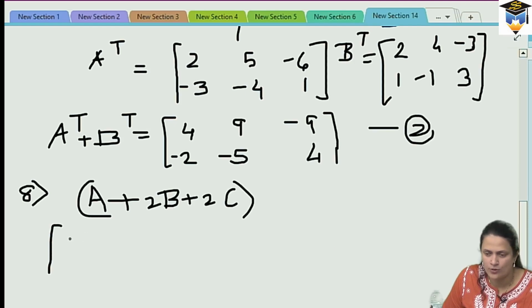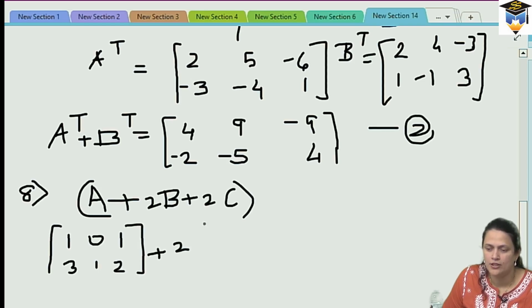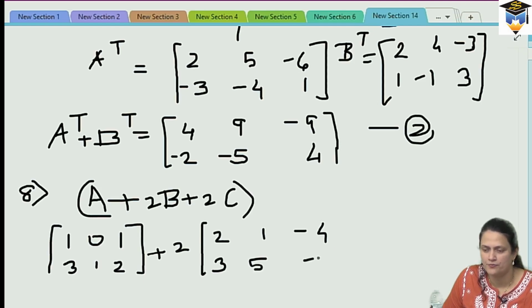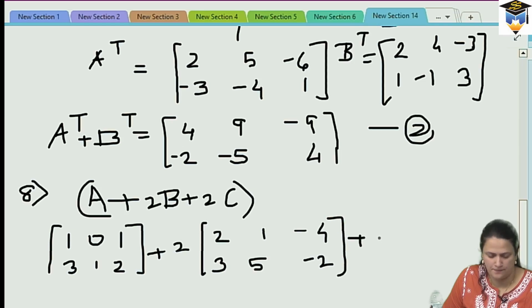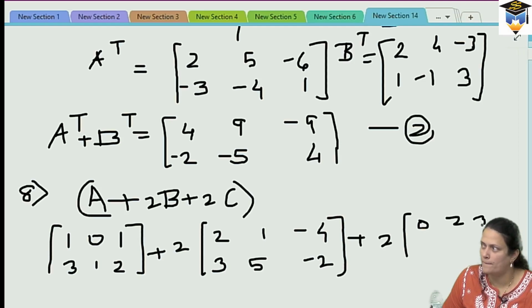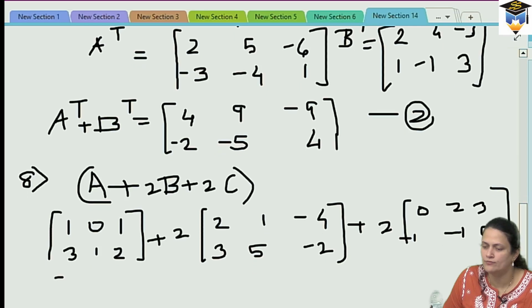Matrix A is given to us as 1, 0, 1, 3, 1, 2, plus 2 into B, which is 2, 1, minus 4, 3, 5, minus 2, plus 3C, with C being 0, 2, 3, minus 1, and 0. I hope it is visible to you.